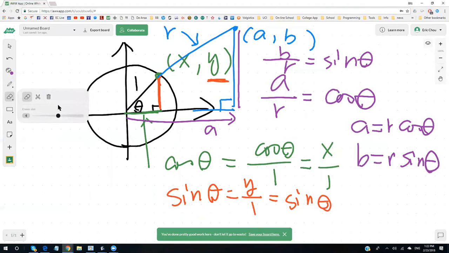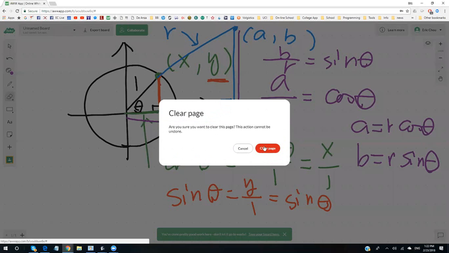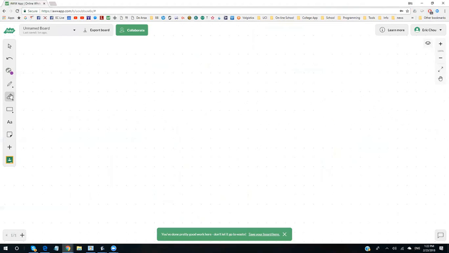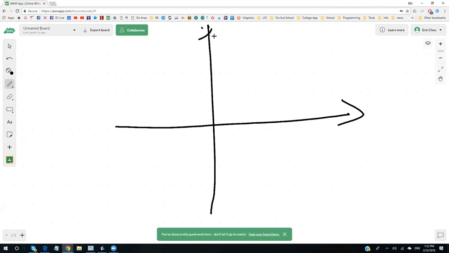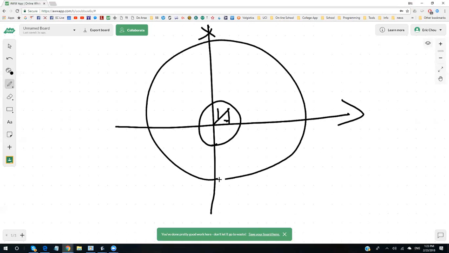Now I'm going to erase this. Right here, I draw another circle, a bigger circle. This one is 1.